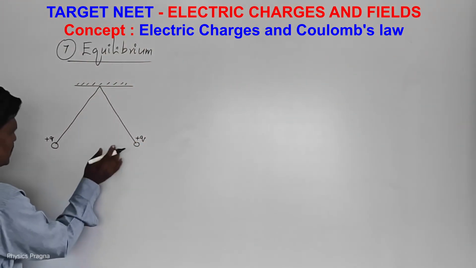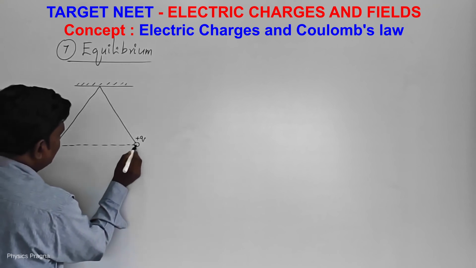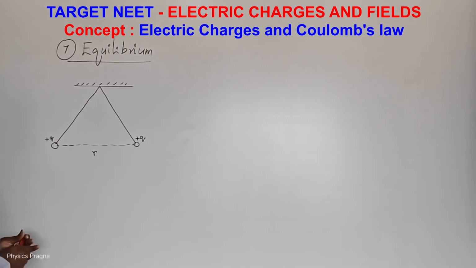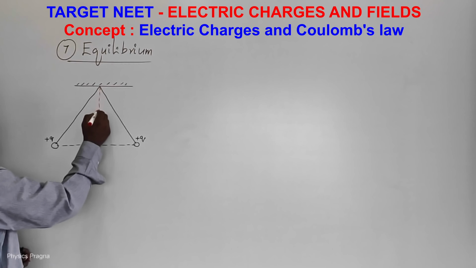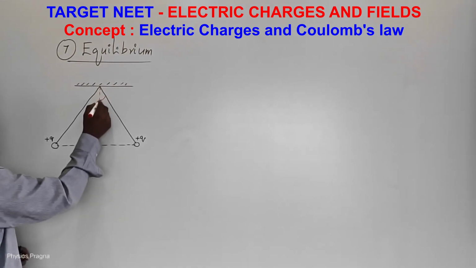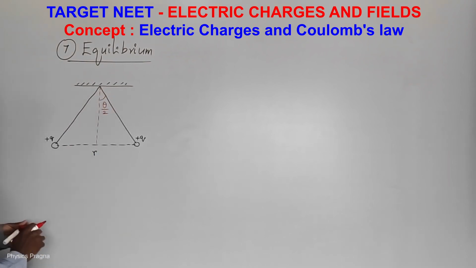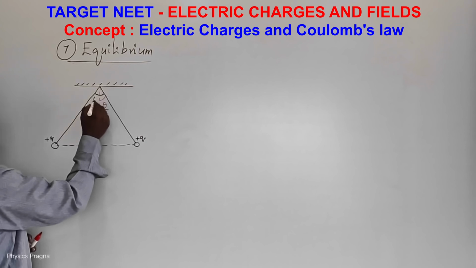Then because of repulsion, these two are separated by a distance r. If I draw a perpendicular bisector, this angle is theta by 2. This total angle is theta.